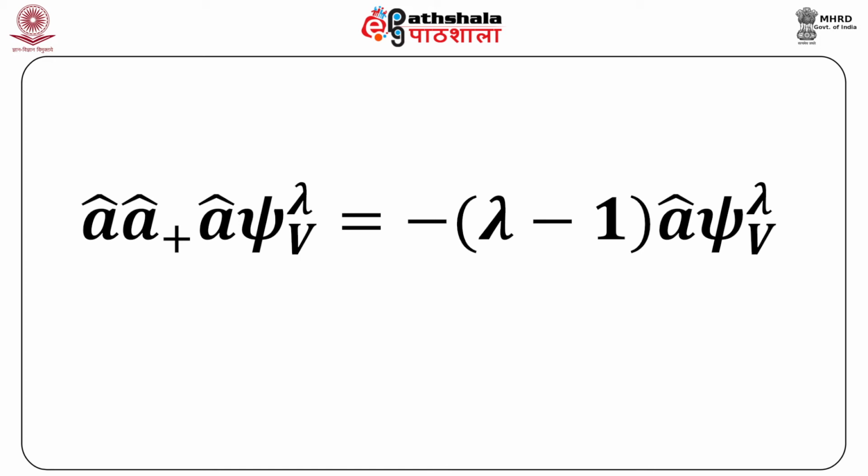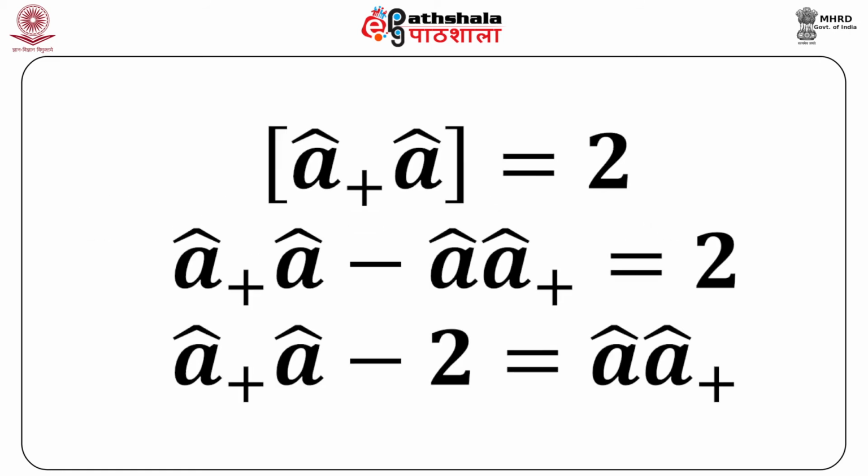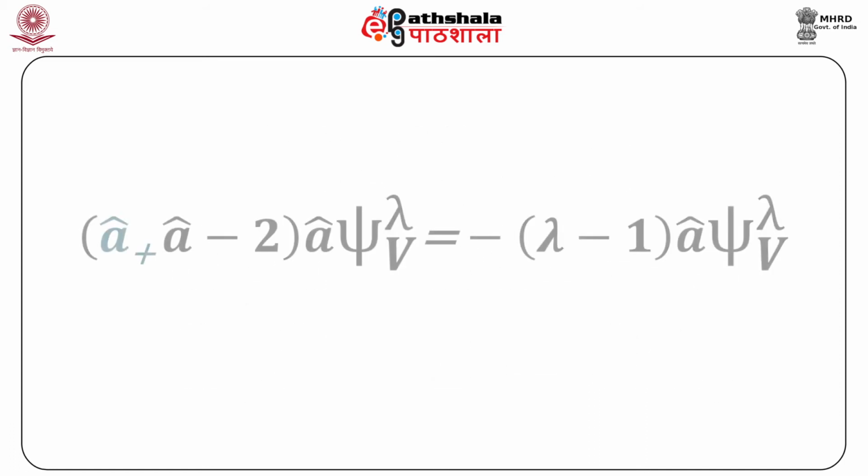Because psi v will change with lambda, therefore we have denoted it here with lambda. And from the commutator relation we know that the commutator is equal to 2. Therefore using this relation we find that ultimately we get A plus cap, A cap minus 2, all operating on A cap psi v lambda, is equal to minus lambda minus 1 A cap psi v lambda.